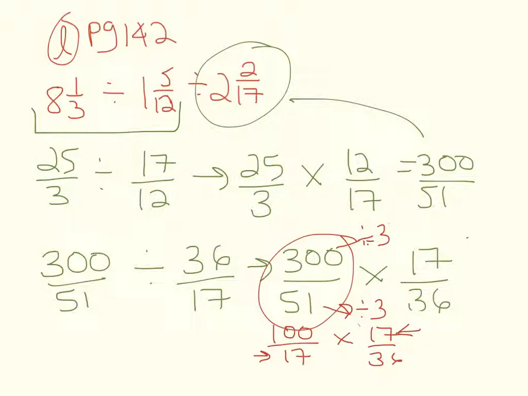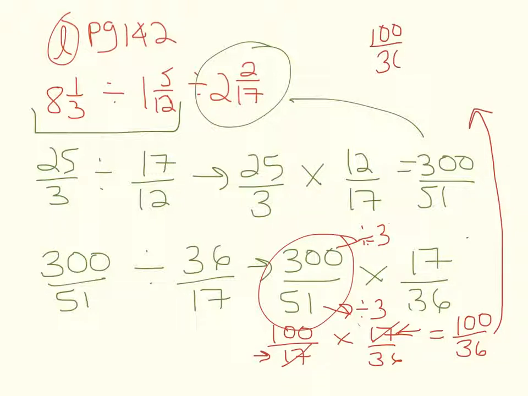So actually, these can cancel each other out. So you actually end up getting 100 over 36. And I'm just going to put an arrow up because I've run out of room. So 100 over 36, and now we're going to reduce that down further.